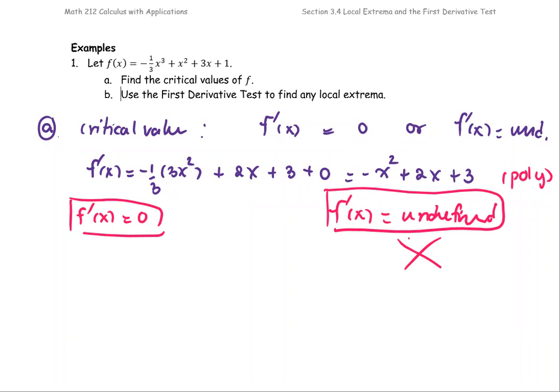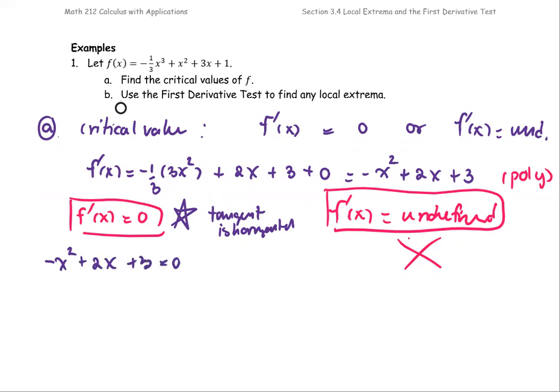So what we're going to do, we're going to write the f prime and then let it be 0. Solve for the critical value, which means we just consider only the case that f prime equals 0, or the case that the tangent is horizontal. Okay, so we're going to have negative x squared plus 2x plus 3 equals 0.